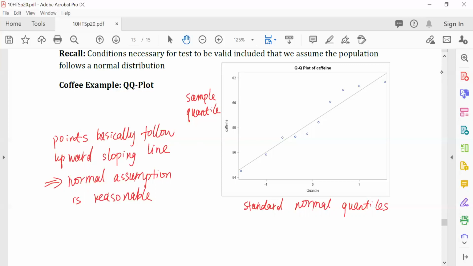We are not trying to fit the x-axis and the y-axis to find a best fitted line for those dots. We are just trying to see whether all those dots basically follow an upward sloping line. You will have a better understanding of this when we talk about simple linear regression later on.